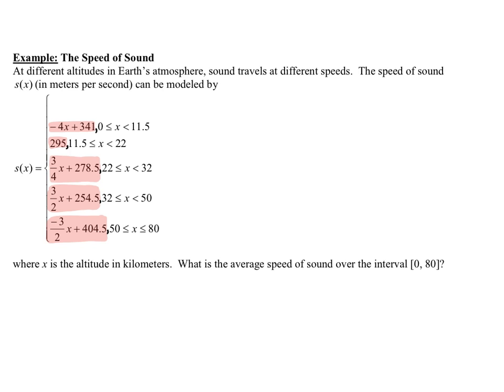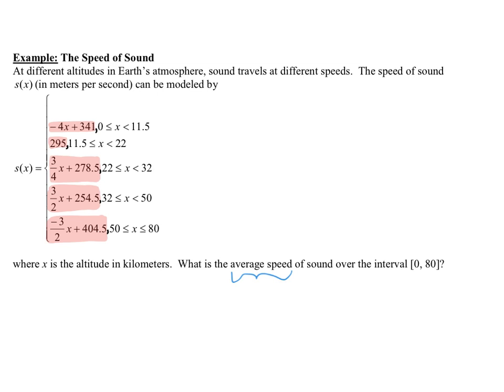Well, how do you propose we do that? Mean value for integral. The mean value theorem. The average speed of sound is going to be that mean value. Let's take a look and set it up first.